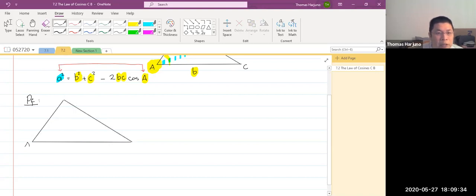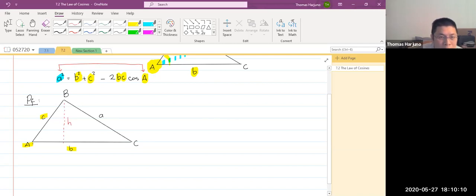Let's say this is angle A, angle B, angle C, and we know side B and side C. We want to know side A. So these are given. The first method is especially useful when angle A is an acute angle, but you will see it doesn't have to be. My plan will be, I will be able to find this H here.